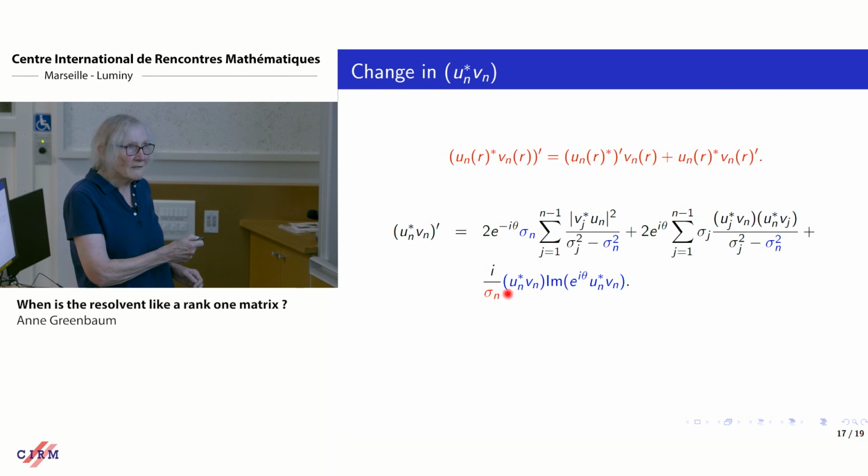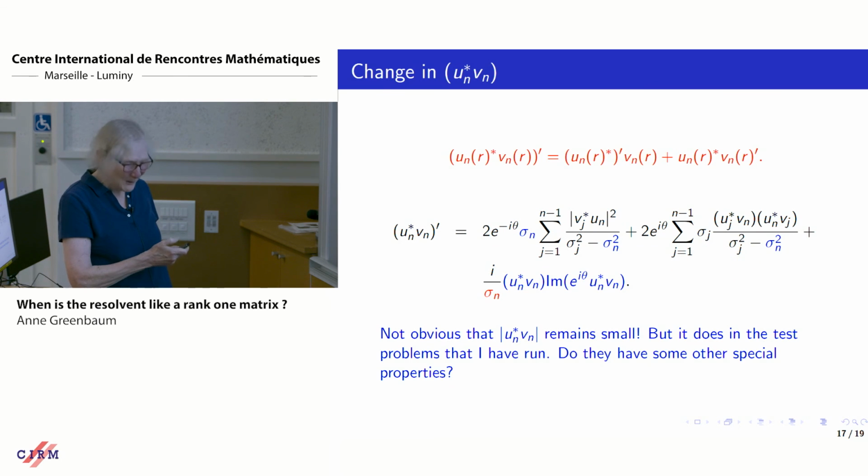This one looks a little scary because we're dividing by sigma n, but we've chosen un when sigma n is 0 in such a way that the imaginary part of this is 0. And in fact, in the limit as you approach 0, this term goes to 0. But there's no reason offhand to believe that this term will be small.